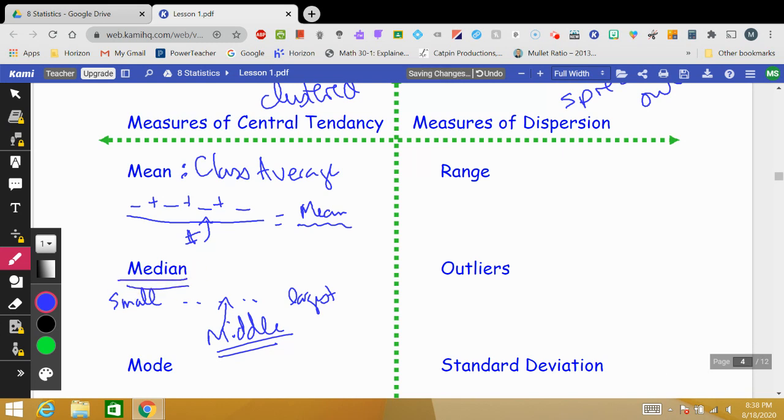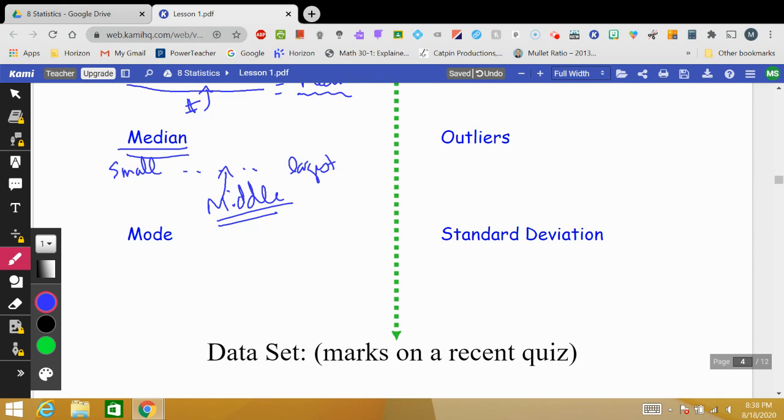Okay, the mode, I always think of it as mode and most. It's the most frequently occurring data value. So let's say over half the class got 70% on the last exam, then the mode would be 70 because that was the most common score that I saw.